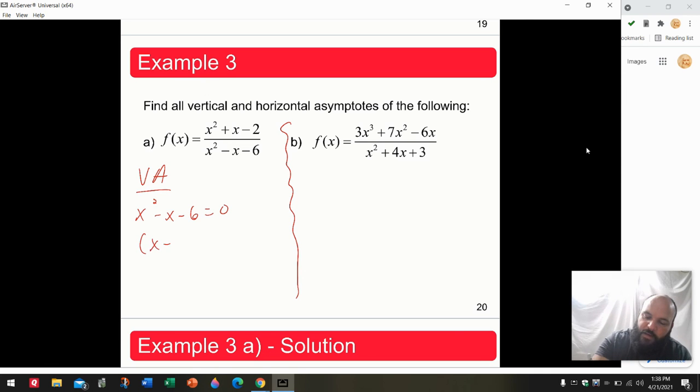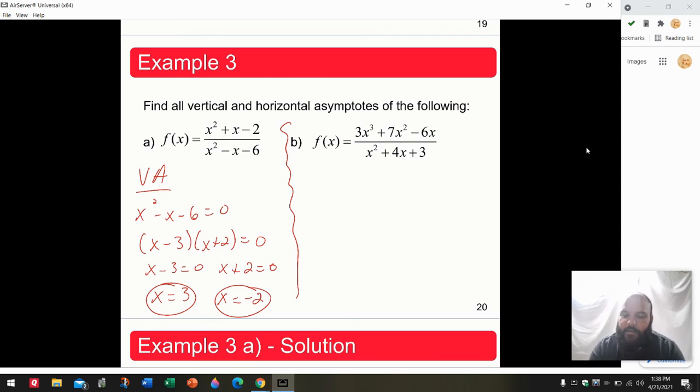It factors into x minus 3 and x plus 2. And so when I set each part equal to 0, you can see that I end up getting 2 vertical asymptotes. x equals 3 and x equals negative 2.